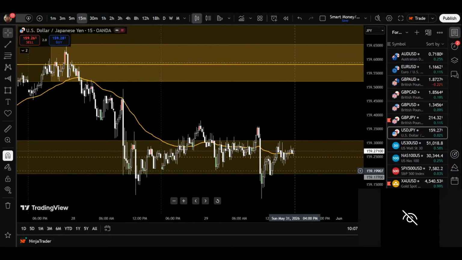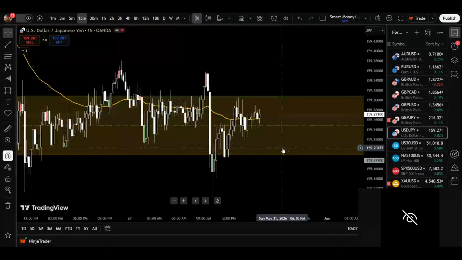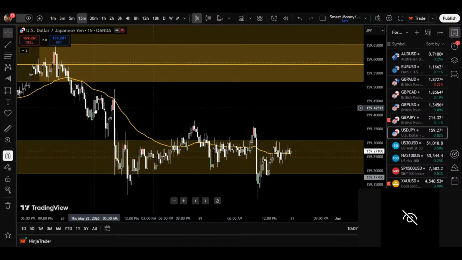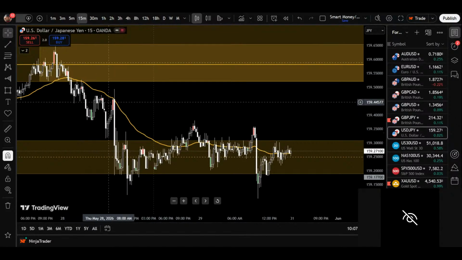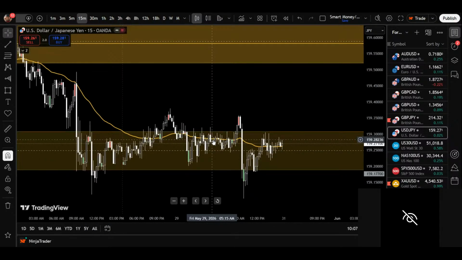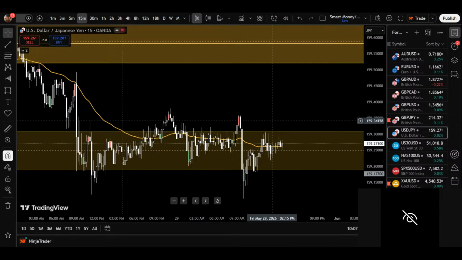But now check this out. Y'all see that 50 moving average? See how it's going in between these candles? You don't want to take a trade when this is happening, because all this means is chopping. Remember, you want to see price either bounce from the bottom of the EMA, or bounce off the top of the EMA. When it's going sideways like this, man, don't touch that.